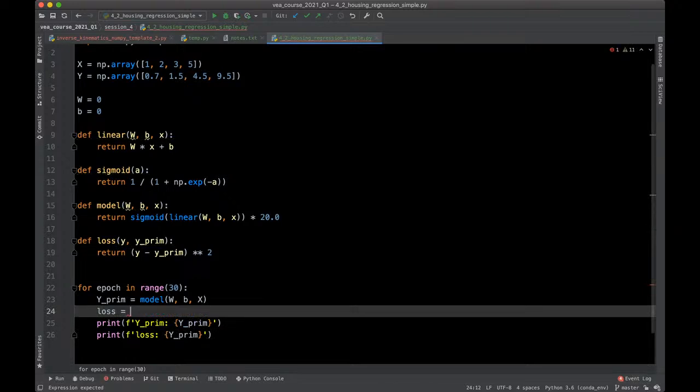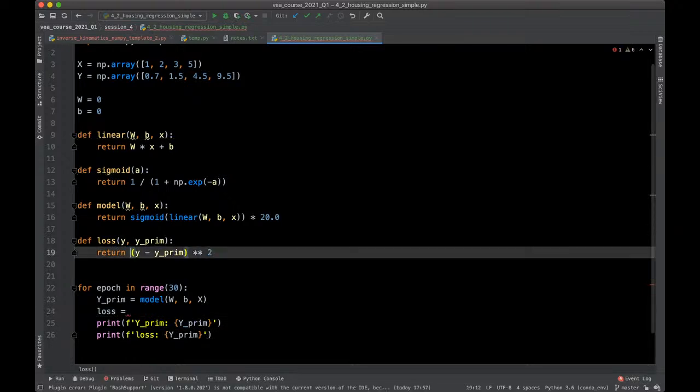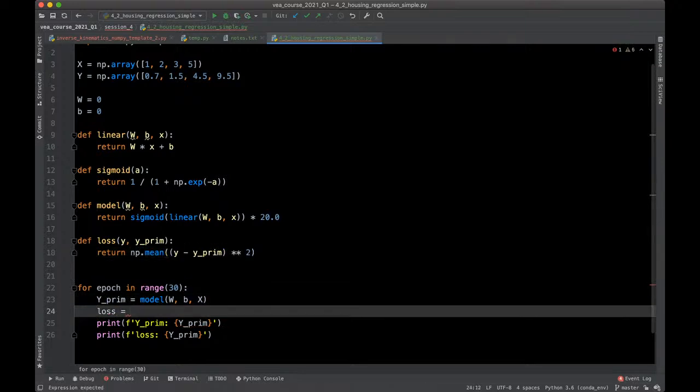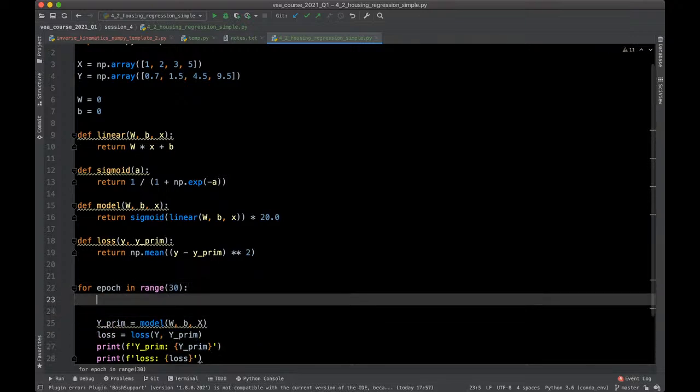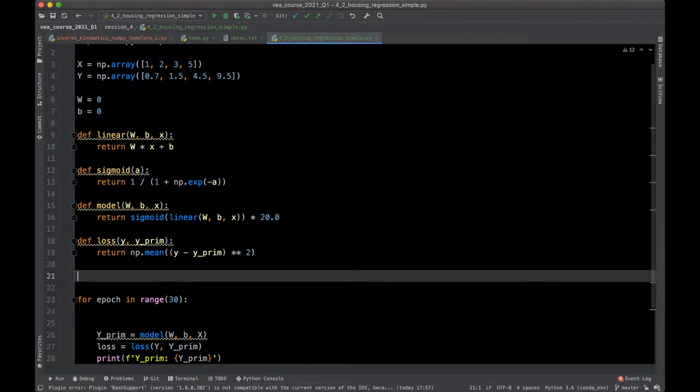Oh, I forgot to have the mean part here. np.mean, like that, right? So then we calculate the loss of y prime. So we calculate our loss value here. And before that, we need also to train the weight and bias. To train the weight and bias, we will have the alpha. The alpha will be the learning rate.